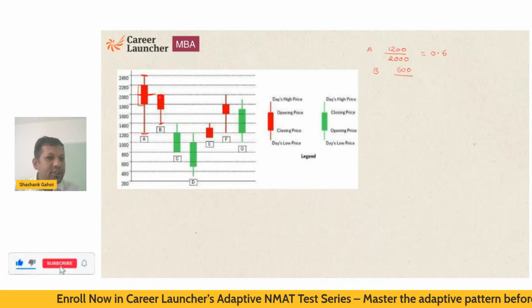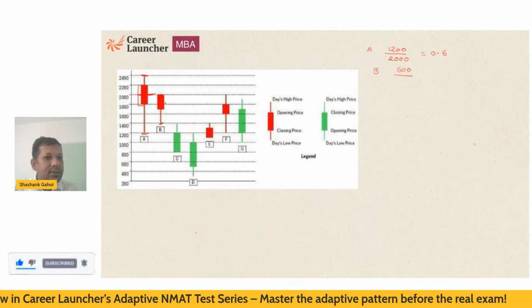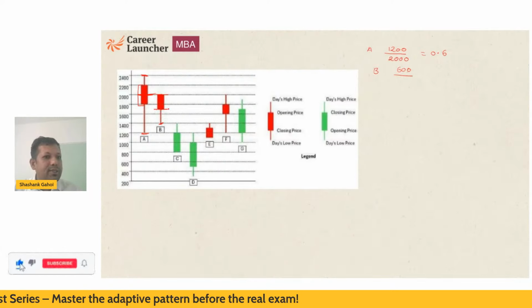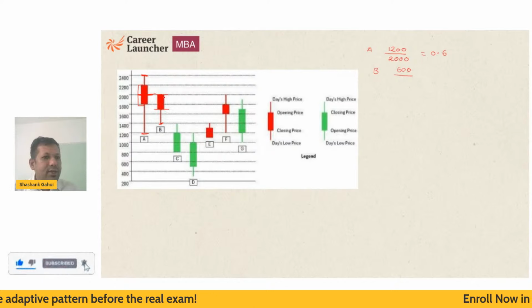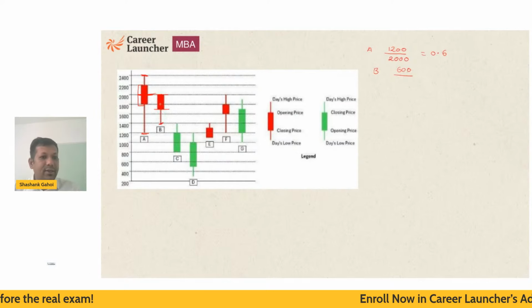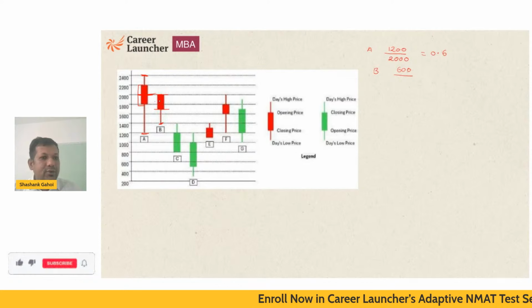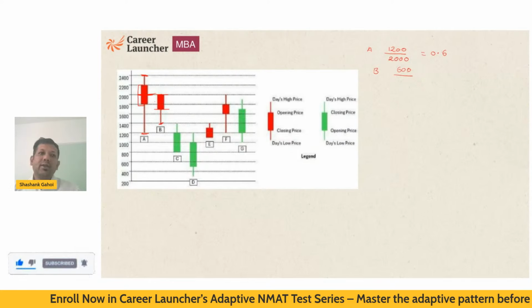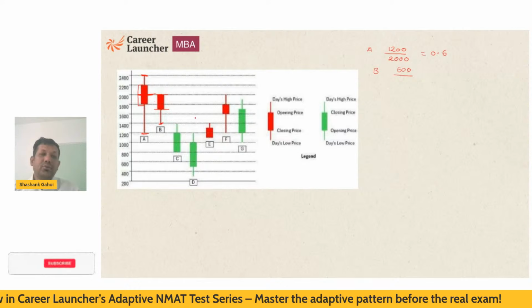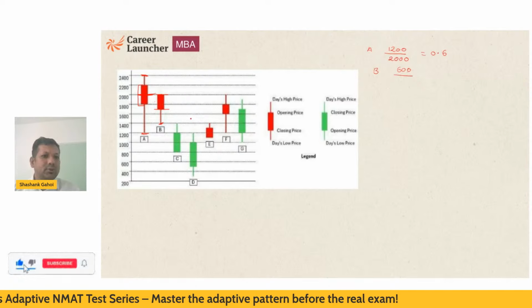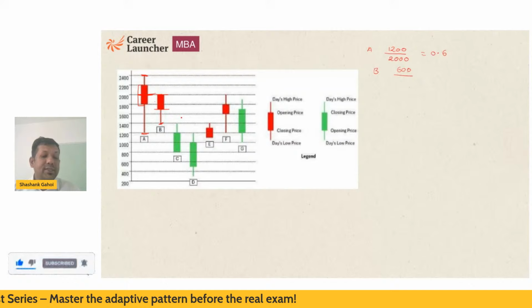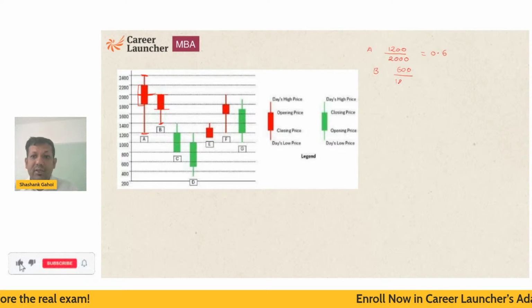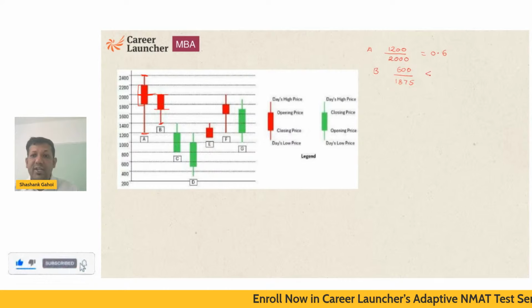Divide by the average of opening price 2000 and closing price 1700, that is 3750 divided by 2, which is 1875. This is definitely less than 0.5.